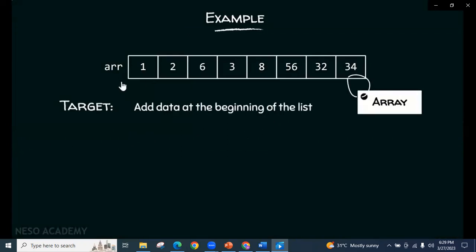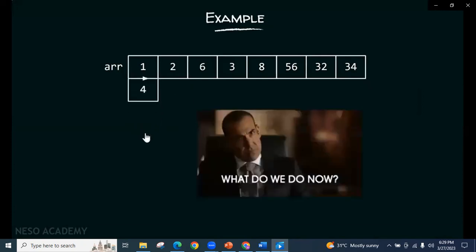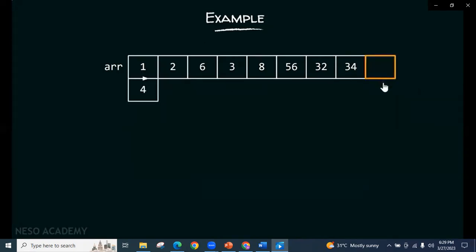An array is a data structure, and we want to perform this operation, adding data at the beginning of the list, and I want to know how much time it will take. Let's say we want to add this particular element at the beginning of the list. There is already an element at the beginning of the list. There must be an empty slot available in the array, and as I have already told you, my array is capable of storing 100 elements, so obviously there is an empty slot.